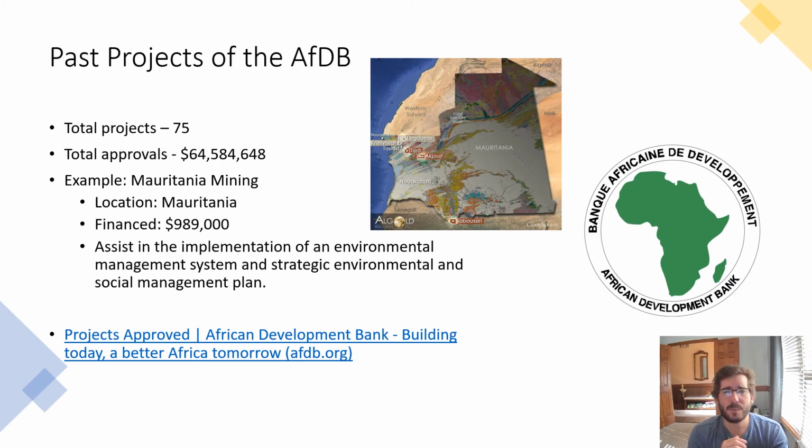One such example that I was able to find is that of the Mauritania Mining project, which received $989,000 specifically to assist in the implementation of an environmental management system and its corresponding strategic environmental and social management plan. And there I was able to find a picture of Mauritania to give you an idea exactly where it is, and there are multiple mining sources along those different labeled cities as well.